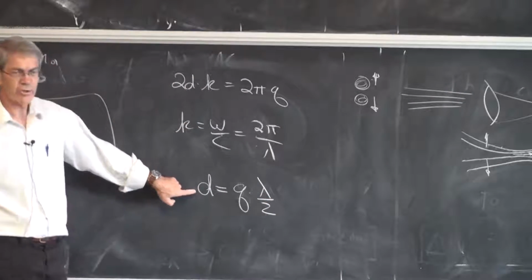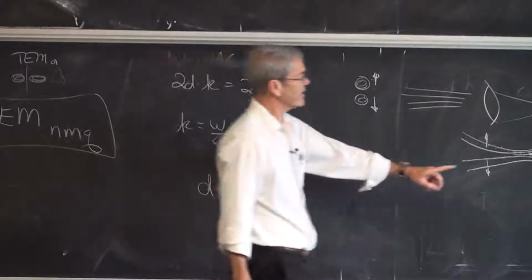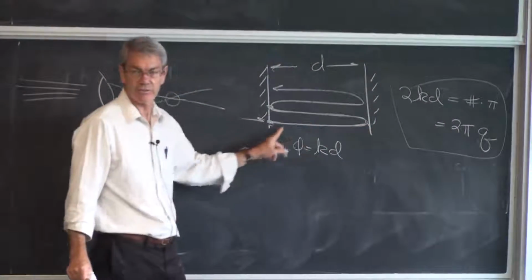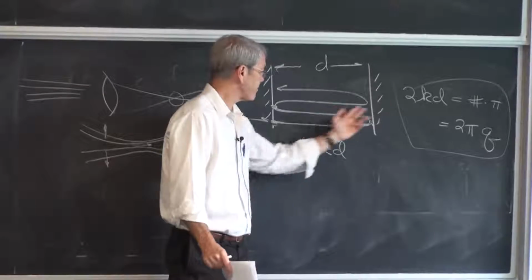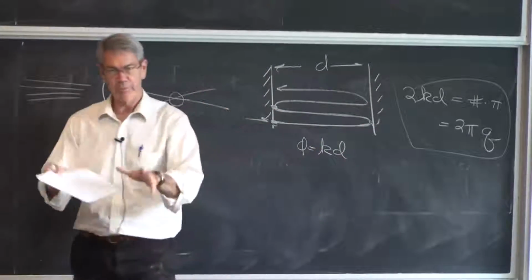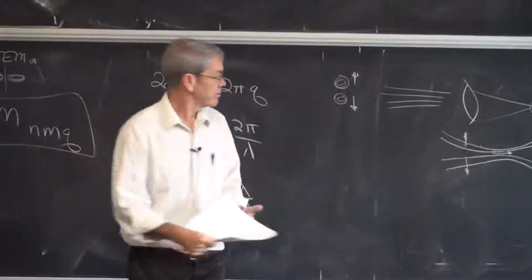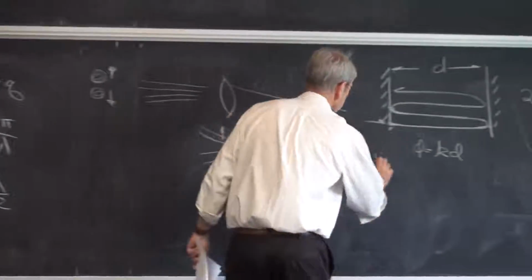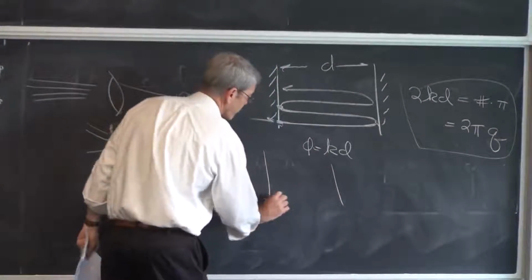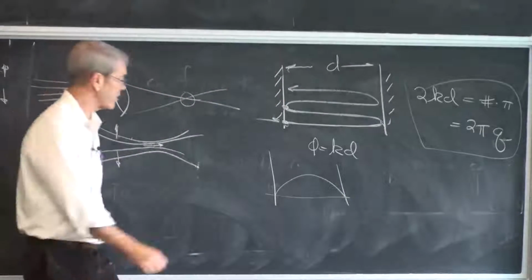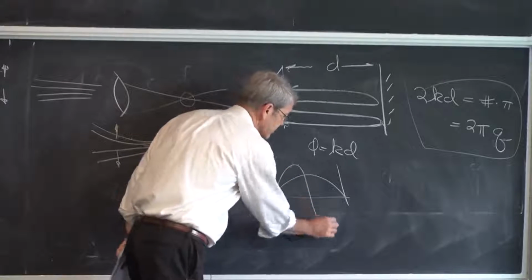I only do this to show you that effectively our resonant cavity is, as you expect, some integer number of wavelengths on a round trip. The half path is an integer number of half wavelengths. So you have to fit wavelengths into this box. Give me a box like that, my first resonance is going to be that, my second resonance will look like this, and the third.